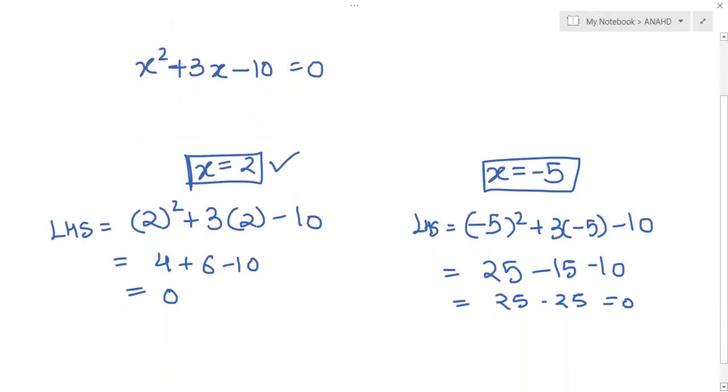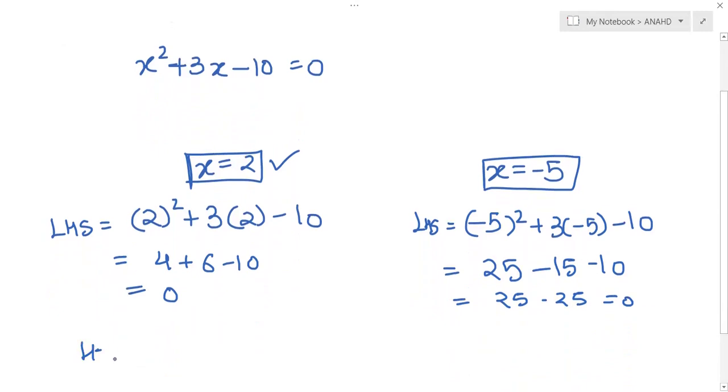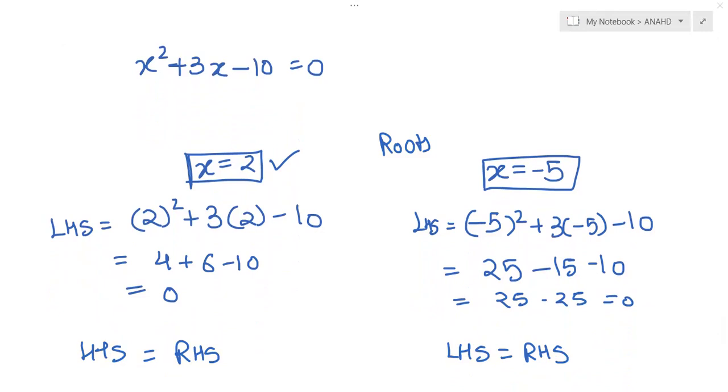In both cases, my LHS is equal to my RHS, and hence I can say that these two are the roots of the equation. There are various words that we use: we may say these are the roots of the equation, or these are the solutions of the equation, or this particular point satisfies the equation.